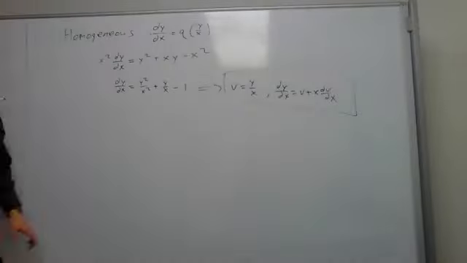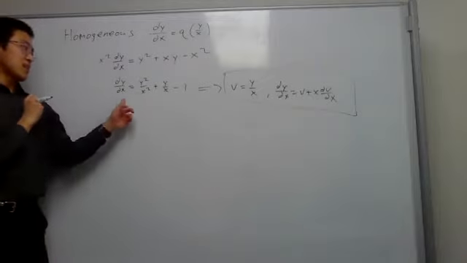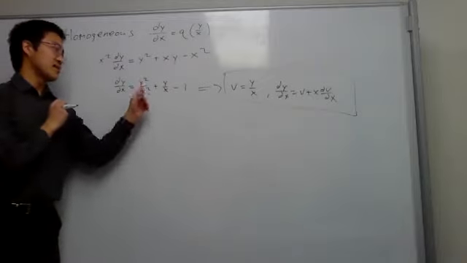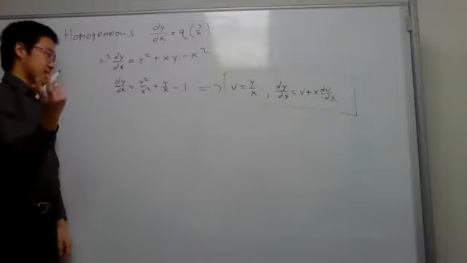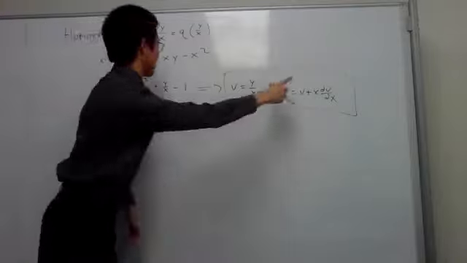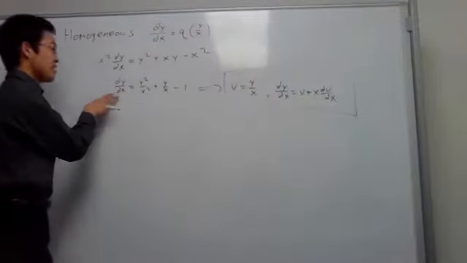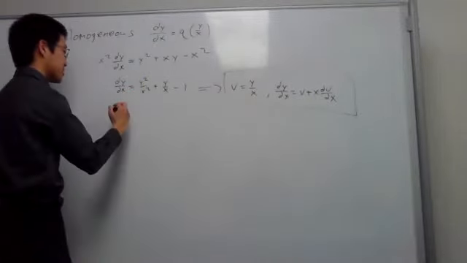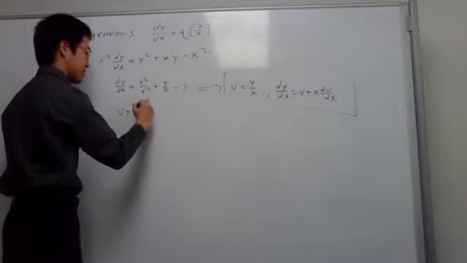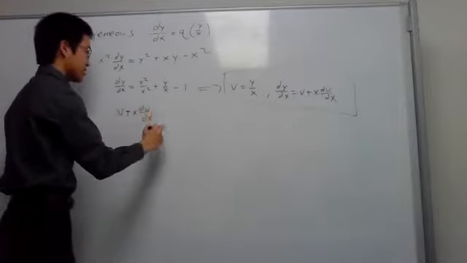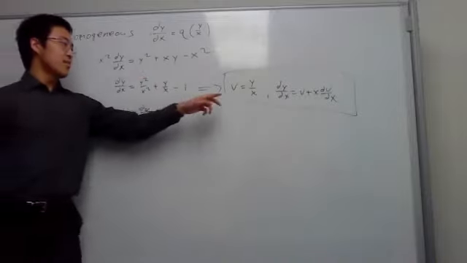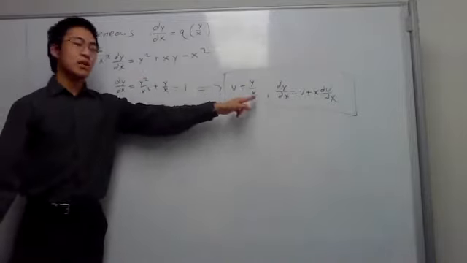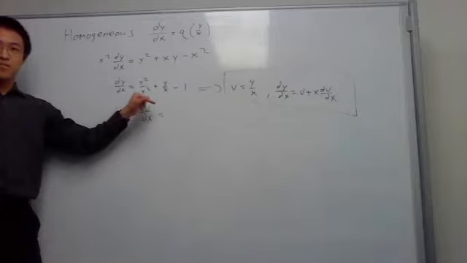Very important. This is almost as important as being able to recognize that it's y's over x's. Because now, this is actually really straightforward, just literally copying and pasting over. So this dy/dx becomes v plus x dv/dx. If this is y squared over x squared, we said v is whenever we have y over x, so what does this become?